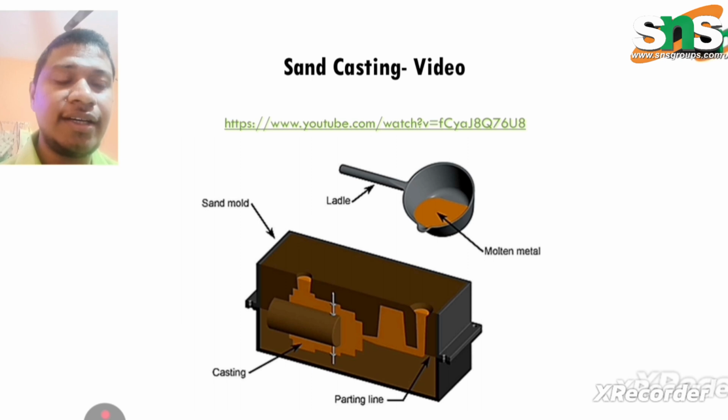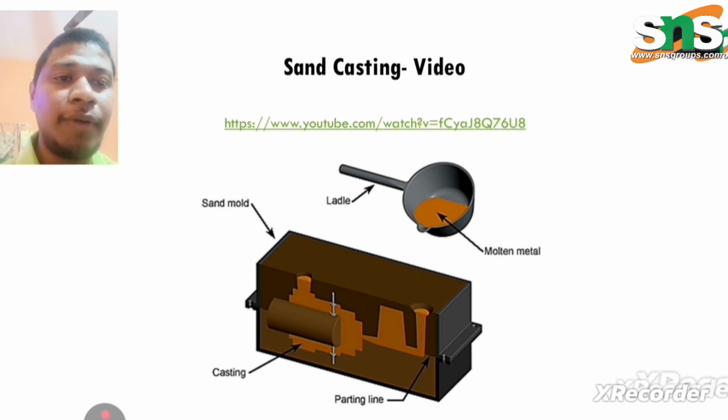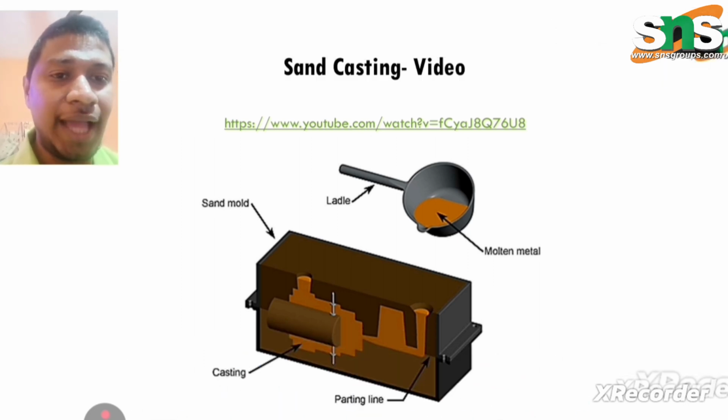Sand casting. You can see the animation of that particular picture. The casting is prepared based on the pattern fixed in the mold. When the molten metal is poured through the runner and riser, it flows into the cavity or the mold area.